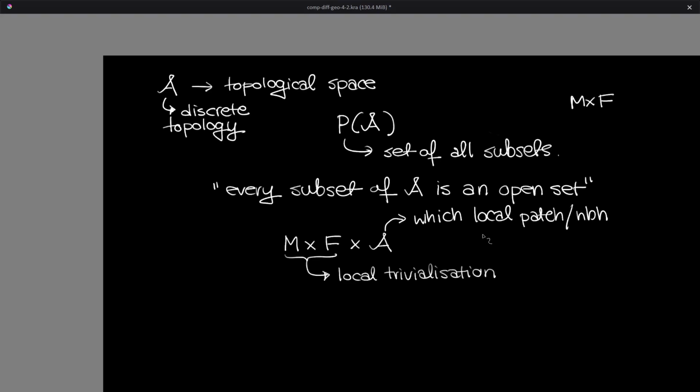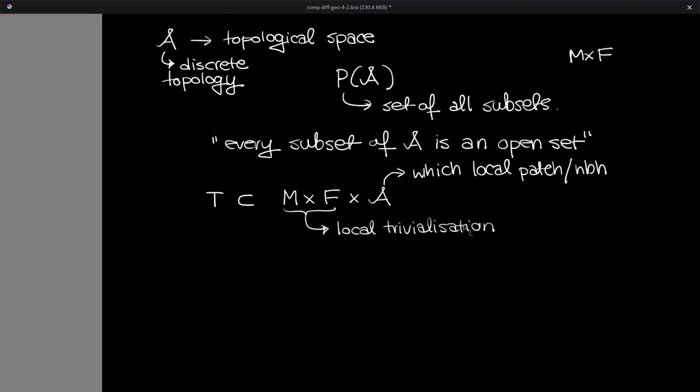What we're saying is that we're going to construct something that looks like the vector bundle on the local patches, and then we're going to patch them all together. So let's take T to be a subset of M cross F cross A, where, by the way, this is the Cartesian product.